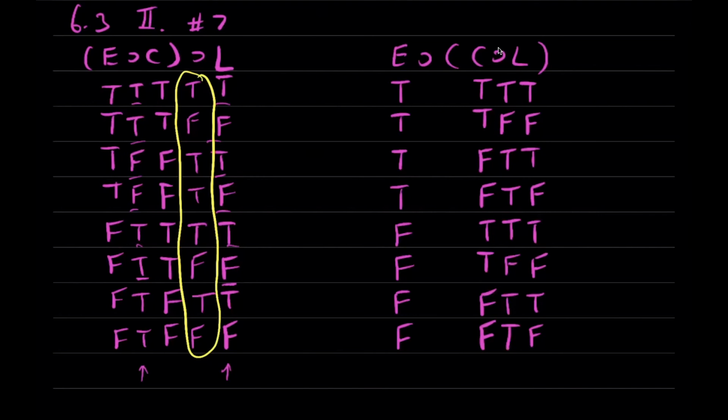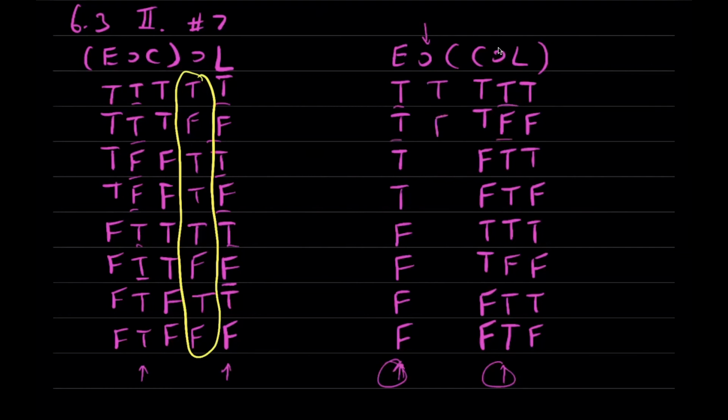Now, the two values that we care about for this main operator are the values for E and the values we just figured out, because that horseshoe inside parentheses is the main operator of what's inside the parentheses. But the main operator of the overall statement is this horseshoe right here, and the two values we care about are this value and this value. So we have something true implying something true. That would be true. Something true implying something false.